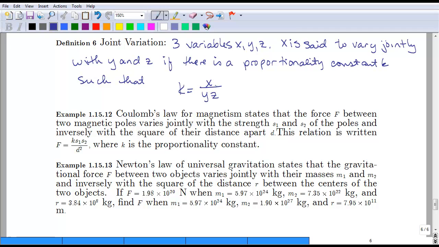So essentially it varies directly with the product of the other two values.